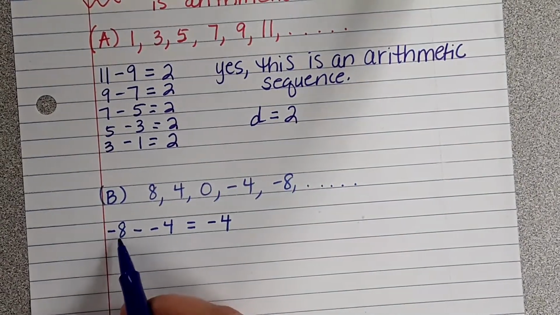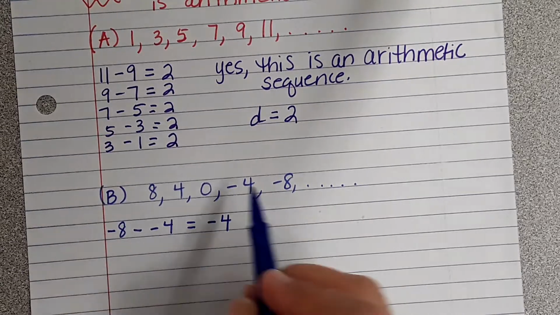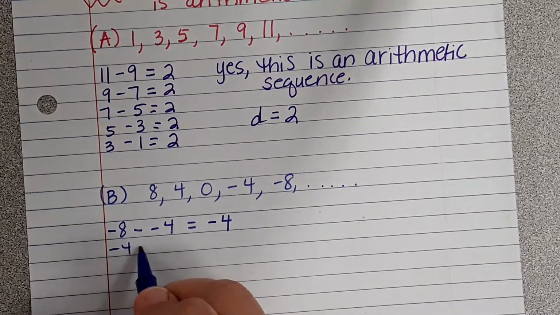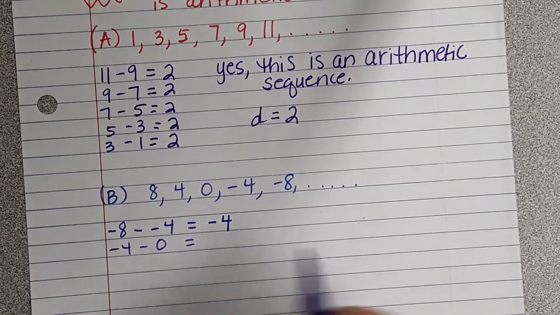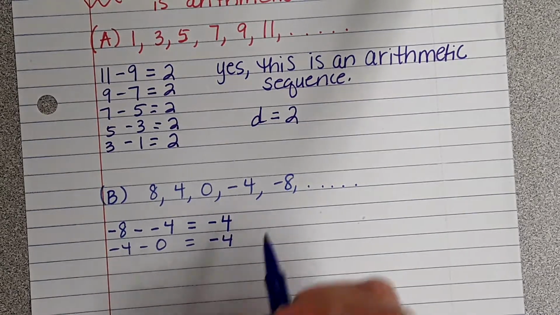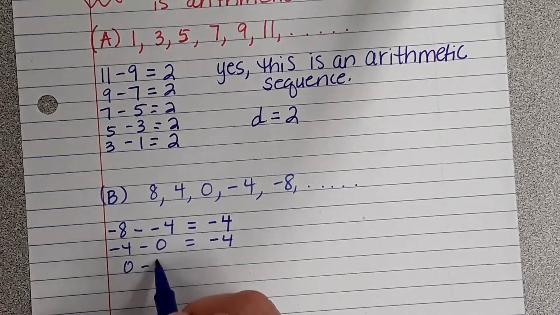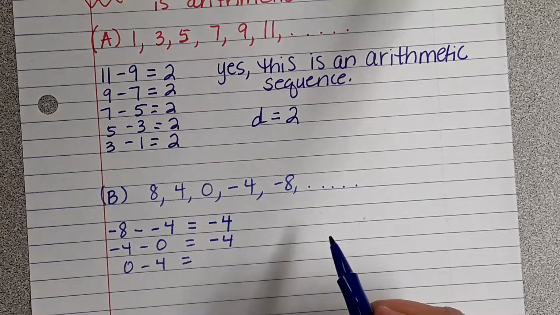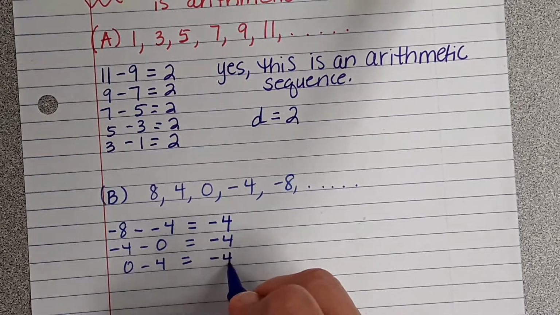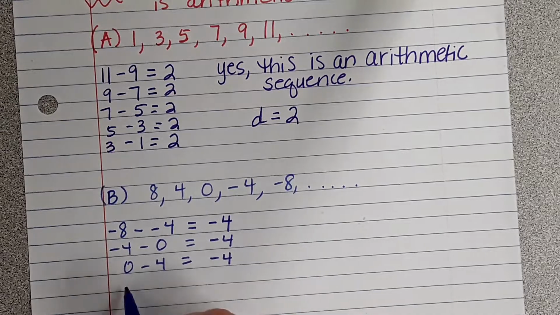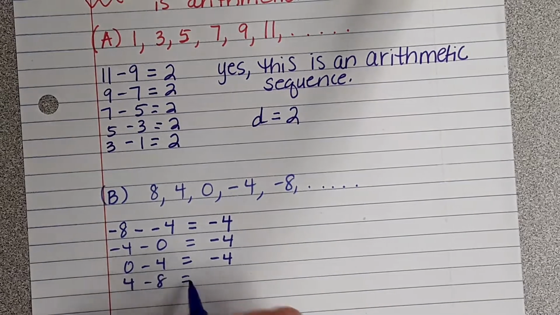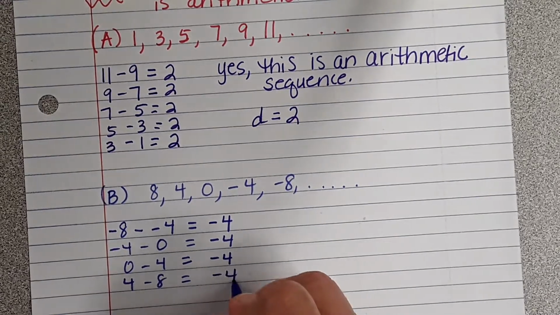Then it's going to be negative 4 minus 0, which is negative 4. 0 minus 4, which is negative 4. And then 4 minus 8, which is negative 4.